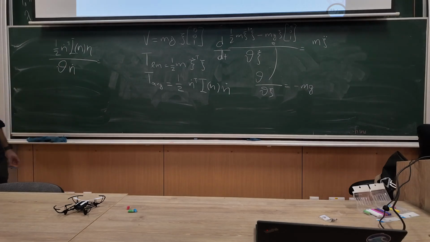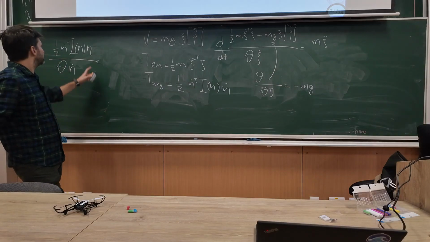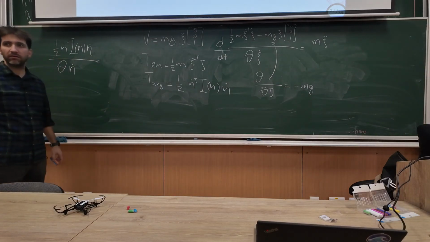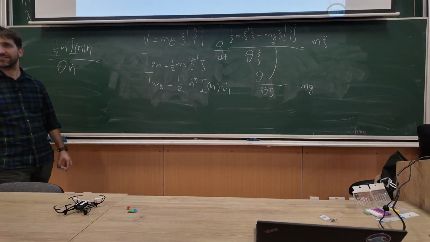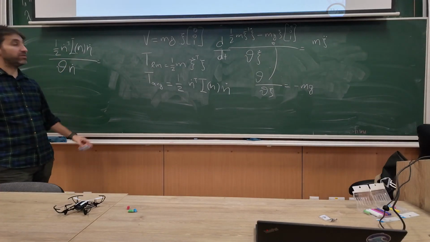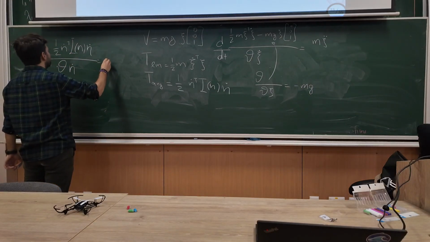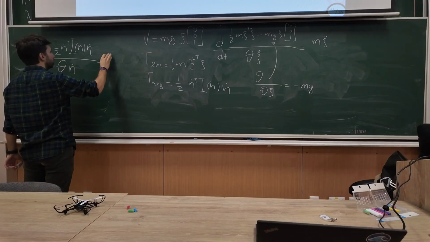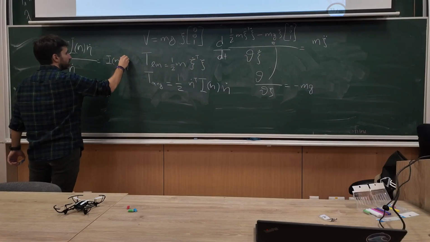We consider the values of inertia to be a function of eta, but if we differentiate with eta dot, it's not a function of eta dot. So then it ends up being eta iota eta dot.